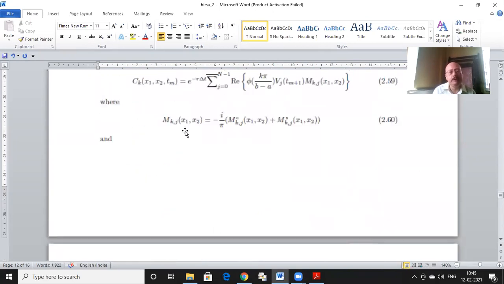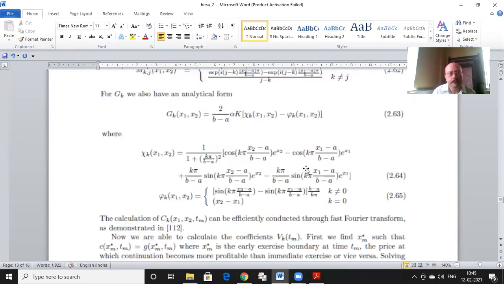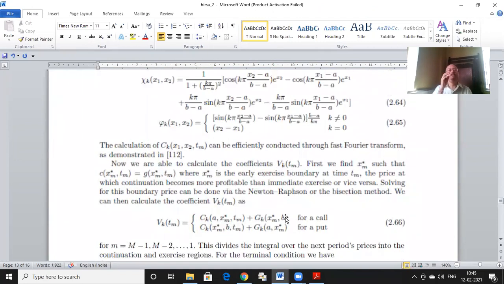That will involve these coefficients here again for the continuation and exercise like this, so that finally we will be able to write a recursive system of equations for the value at time 0.